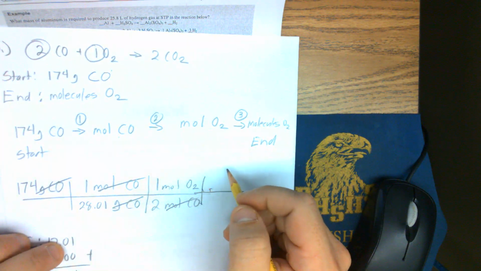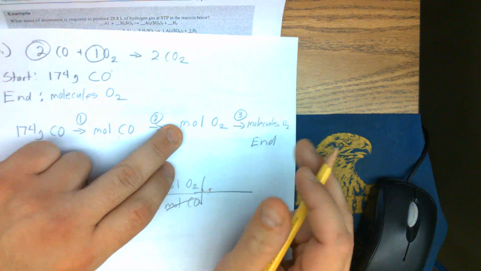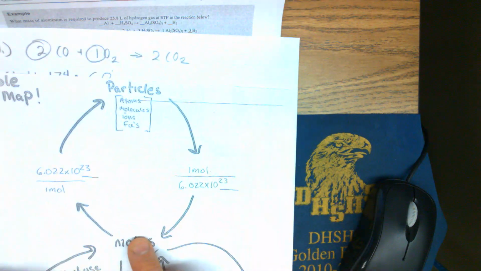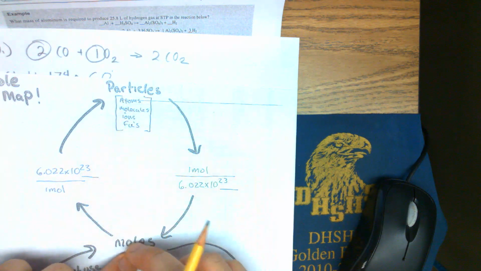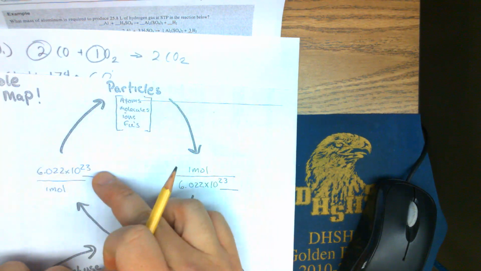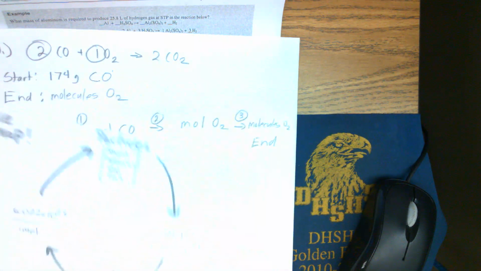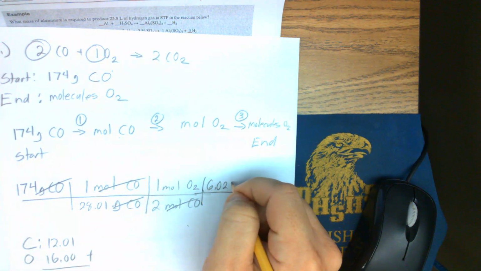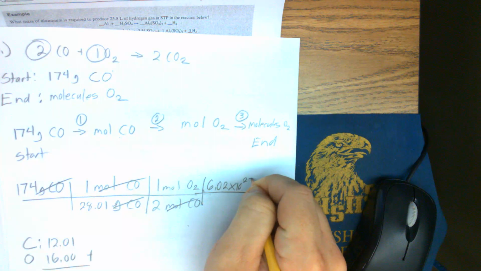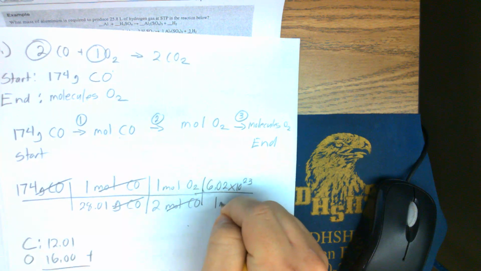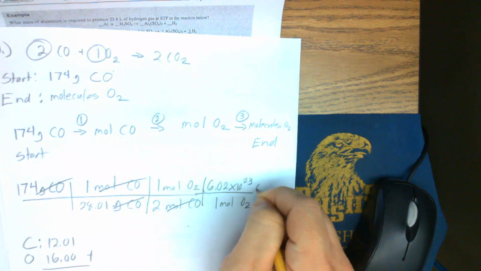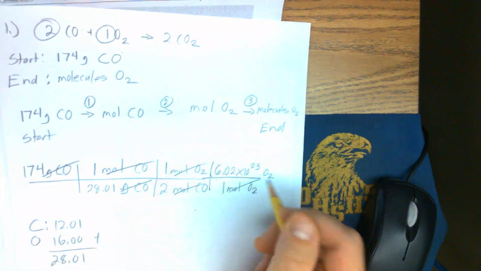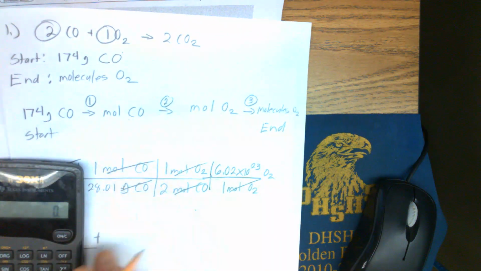And then our last bit, we're going to go from moles of O2 to molecules. So again, we start with moles and we go to molecules. We follow our map. Avogadro's number on top, 1 mole on the bottom. So we have 6.022 times 10 to the 23rd over 1 mole of O2. Moles of O2 cancel, and then we just multiply and divide.